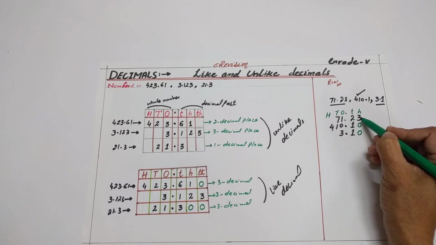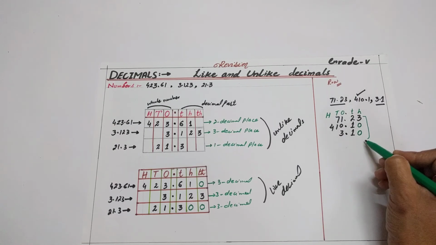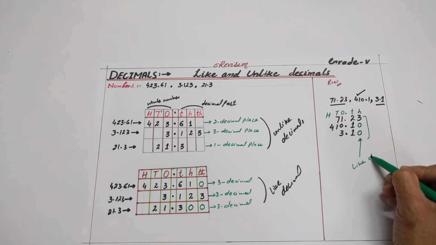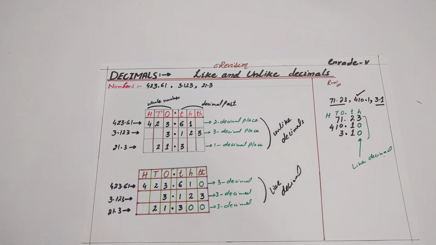Now this is 2 decimal places, this is also 2 decimal places, this is also 2 decimal places. So I have converted these into like decimals. Clear?